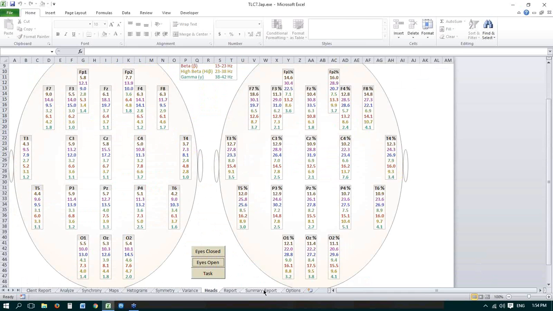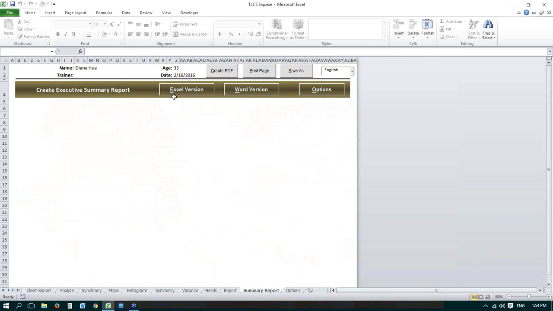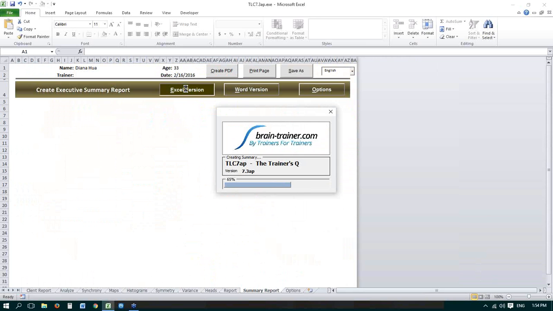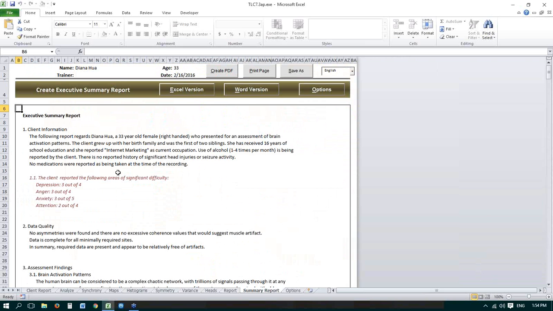If we look at the summary report, this is the thing I mentioned before. I'm going to choose the Excel version, and in a matter of a couple of seconds, you have the executive summary.